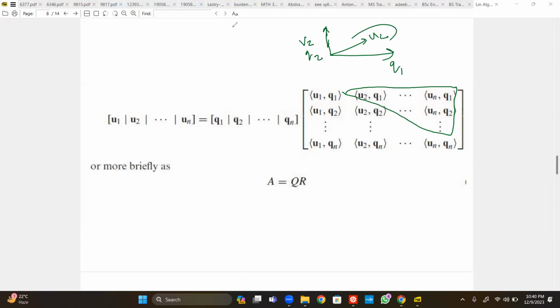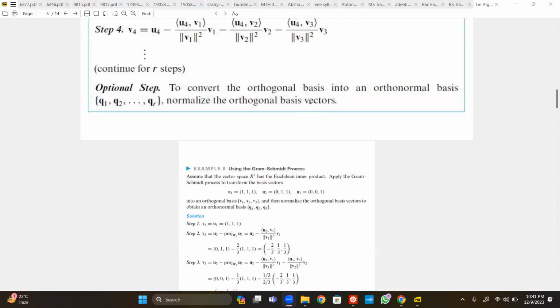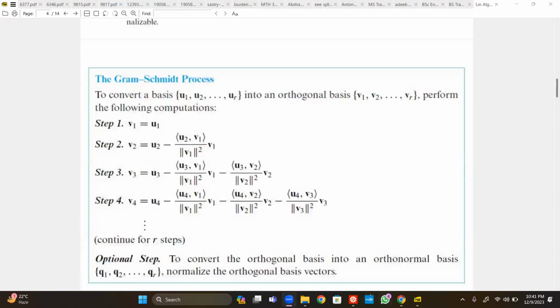Just look at the formula in the process, okay? In the Gram-Schmidt process, you use the vector in the immediate step that you're following to get the orthonormal or orthogonal vector.